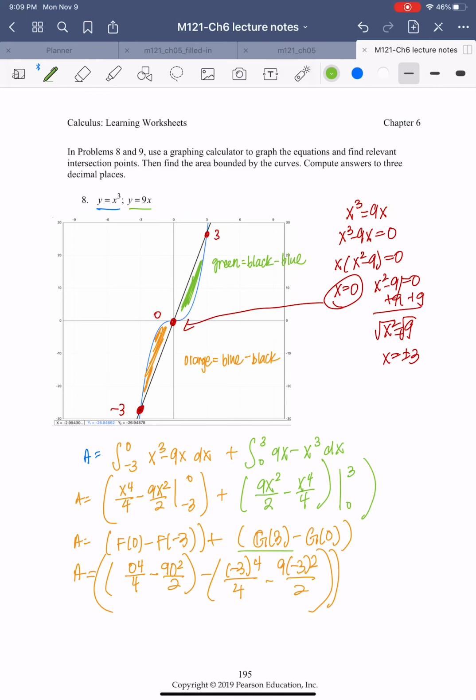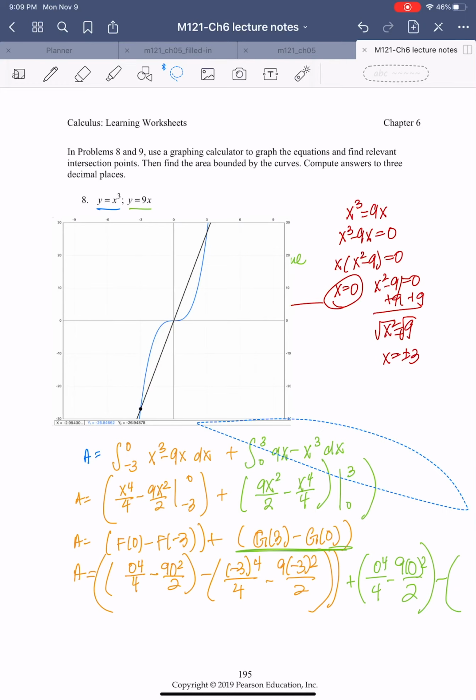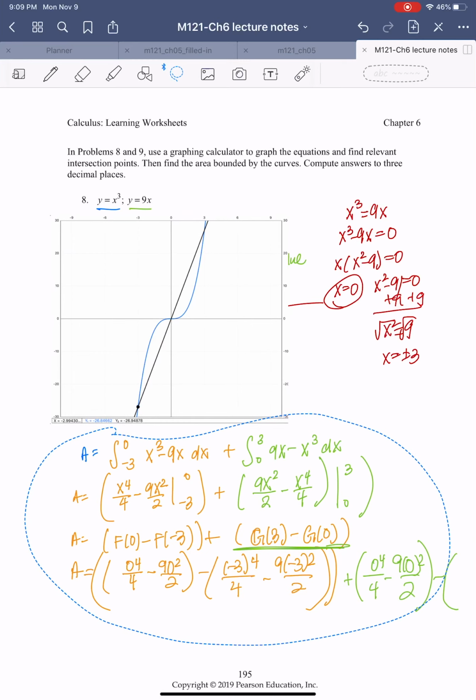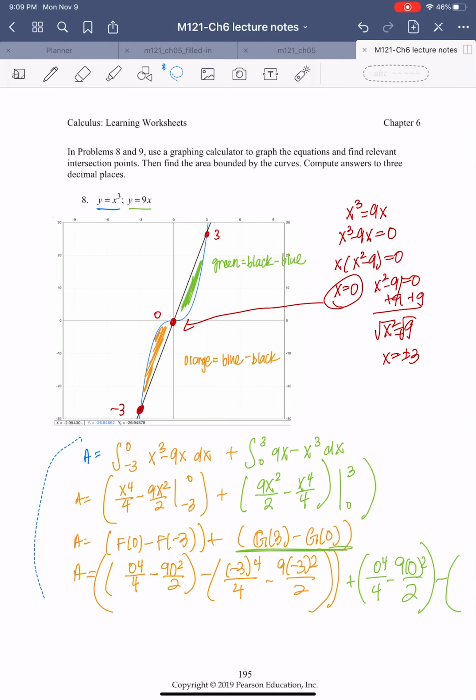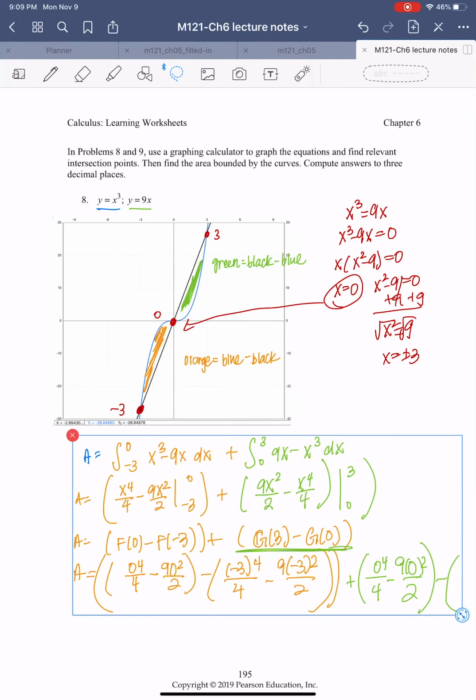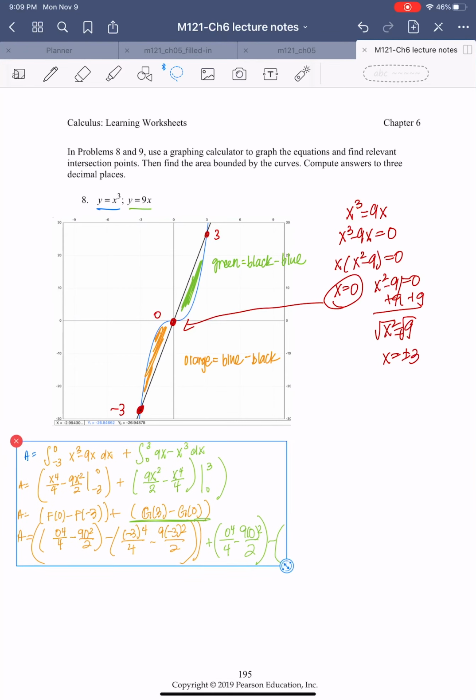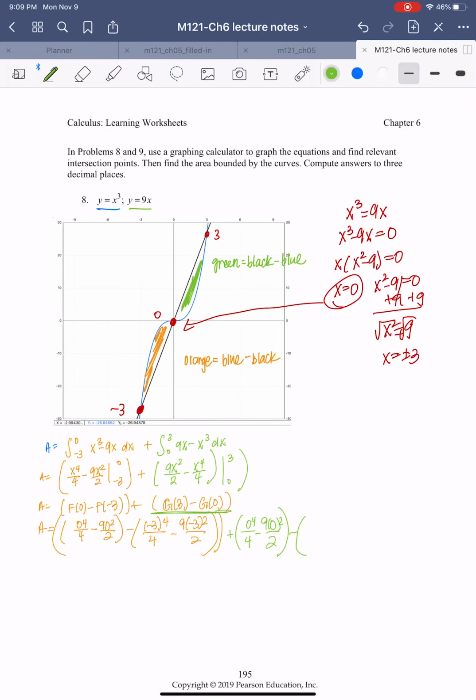Now let's do green. 0 to the 4th over 4 minus 9 times 0 squared over 2, subtract 3 to the 4th power over 4 minus 9 times 3 squared over 2.